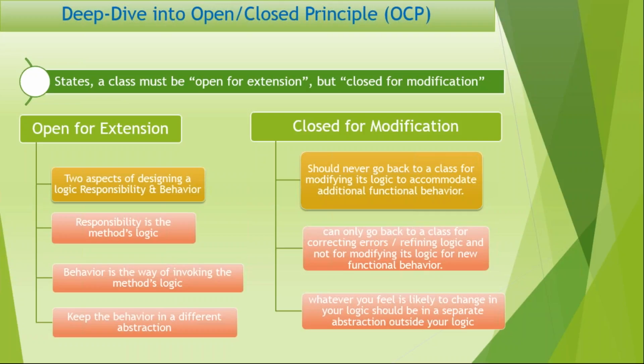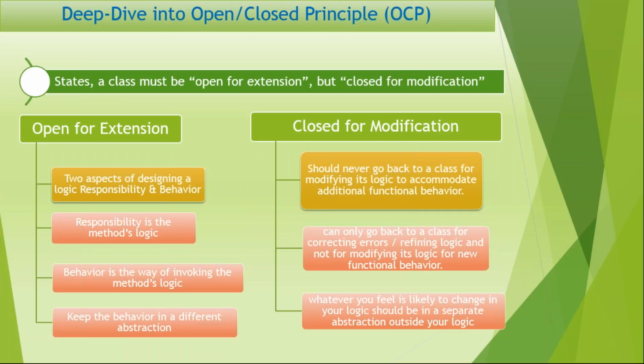If it is a bug, obviously you have to go back to the class and fix it. If it is a new requirement on top of the existing requirement, then it should be in another class. The current class should not be modified to implement another requirement on top of the current requirement. So that's the difference.